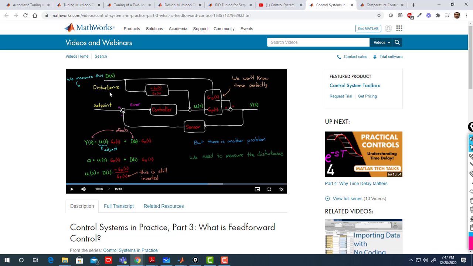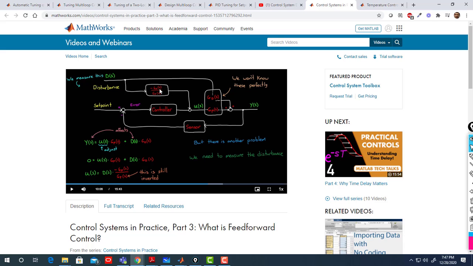But what if I'm interested in the disturbance? Is it simply the inverse of the disturbance dynamics, or also related to the plant? Actually, it's related to both, and my feed-forward controller design should be minus Gd of s over Gp of s.